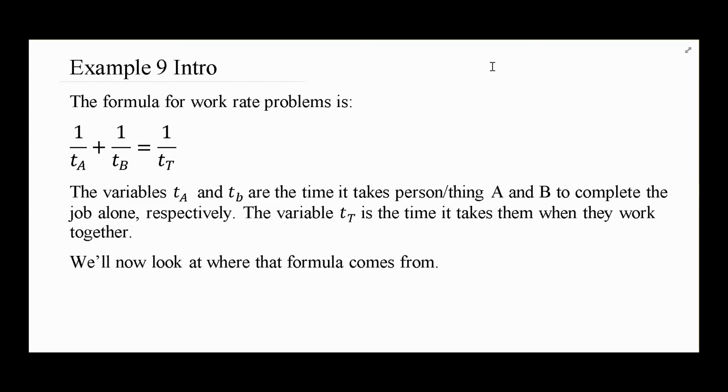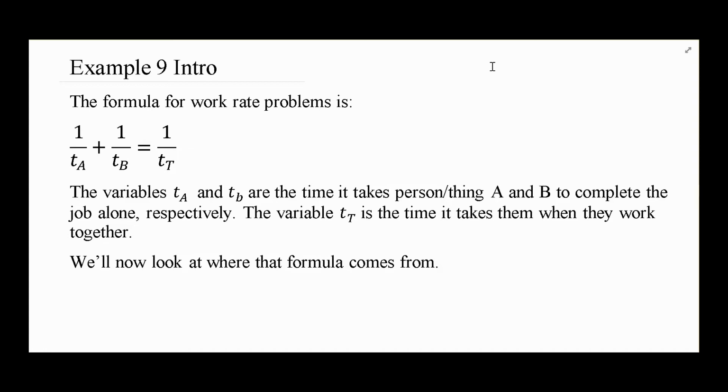So when you're dealing with one of these work rate problems, there is an underlying formula that's right there in your notes, and it's right here on the screen, where it's 1 over the time of one of them alone, the time it takes for them to complete the job if they were doing it completely solo, plus 1 over the time it takes the other one completely solo.